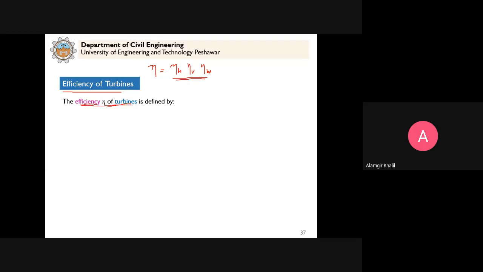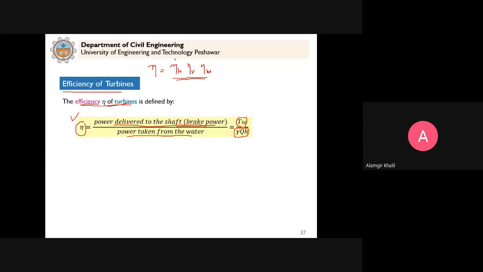So the overall efficiency of the turbines is the final output, that is the shaft power, the brake power, divided by the initial input. This is the final output, rotating shaft, and this is the head available, the initial input. Of course we have the losses.